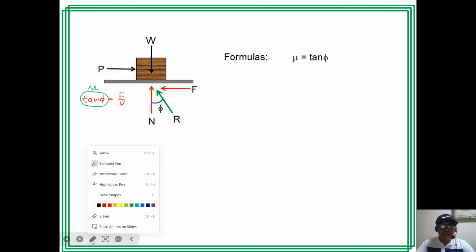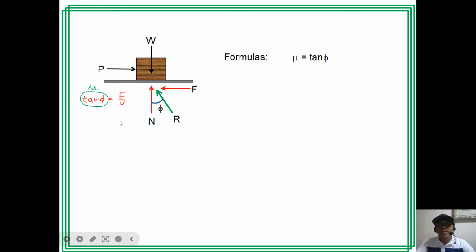So, in that formula, we can solve for F, and F is equal to the coefficient of friction times N. So, we will be using these two formulas in solving problems.